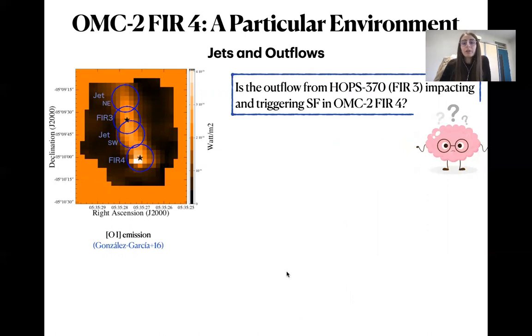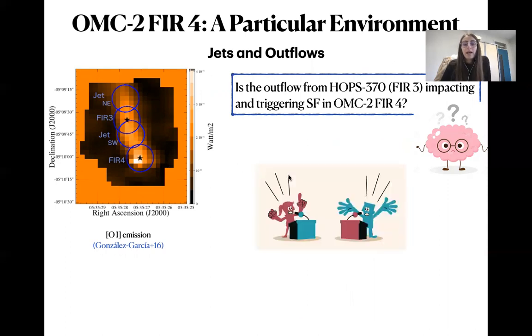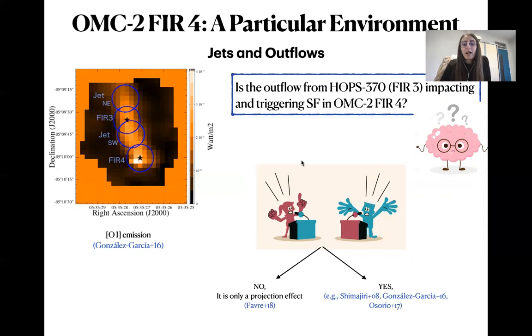One of the other questions about this protocluster is whether the outflow coming from the north, from HOPS 370, is really impacting and triggering the star formation within OMC2 FIR4. For this, we still have a debate. Some researchers say that there is no impact, that what we see is only a projection effect, while others say that there is an impact.